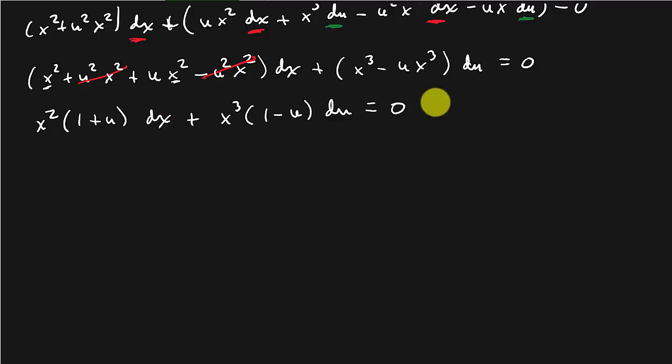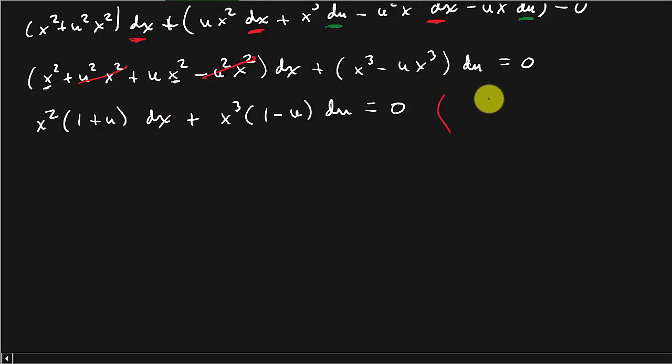So what I'm going to do here is multiply, or divide through, it's the same thing, by x cubed times 1 plus u. That's what I'm going to multiply each term by.